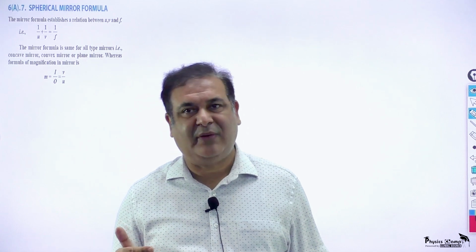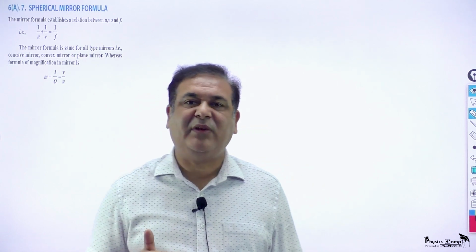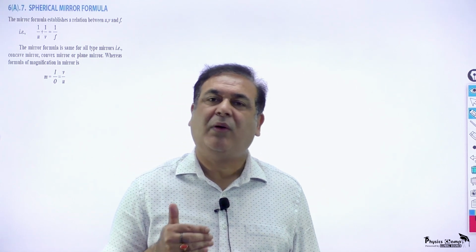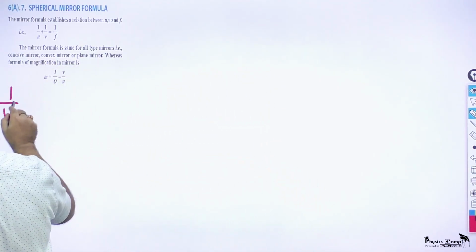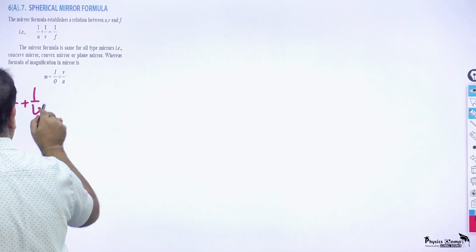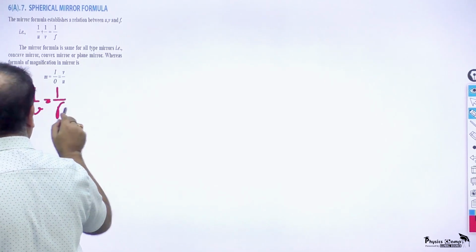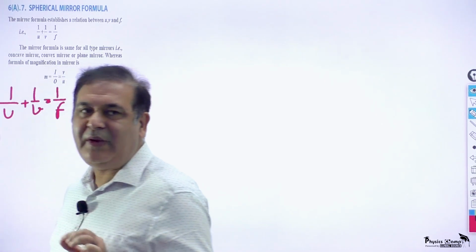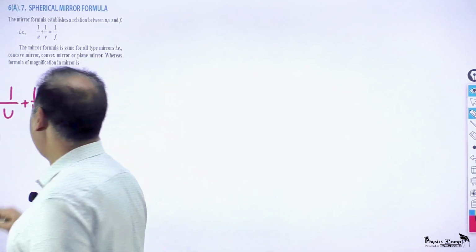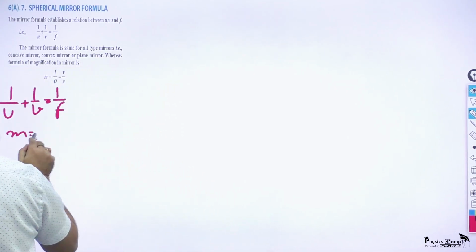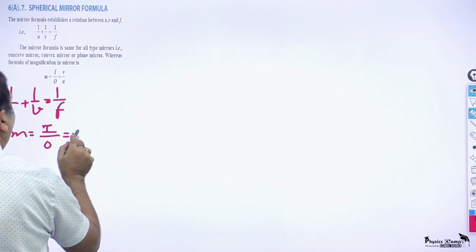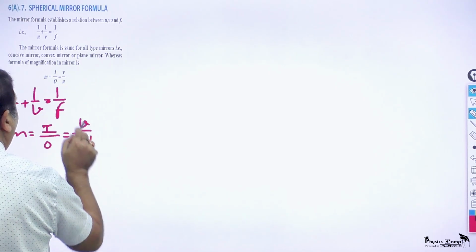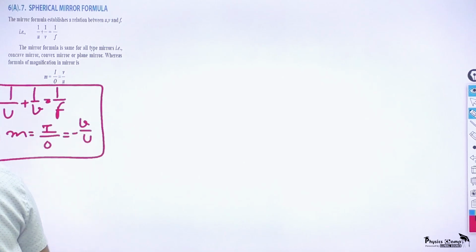So it's a formula which is available, which is actually a formula for all the mirrors, and this formula is 1/u + 1/v = 1/f. You know very well u, v and f now. And then there is one more formula that we will try to prove, and that is the formula for magnification.